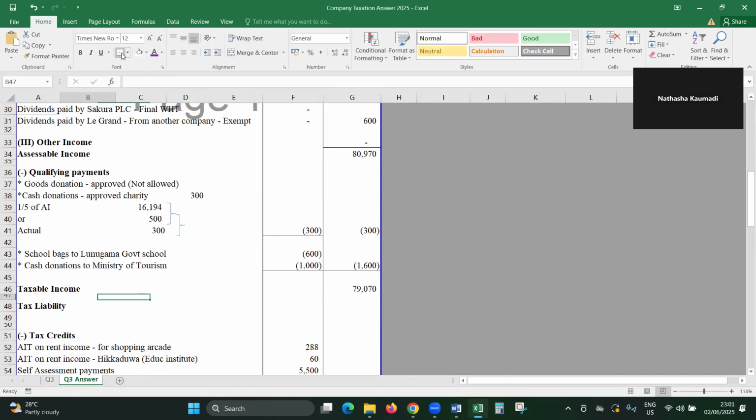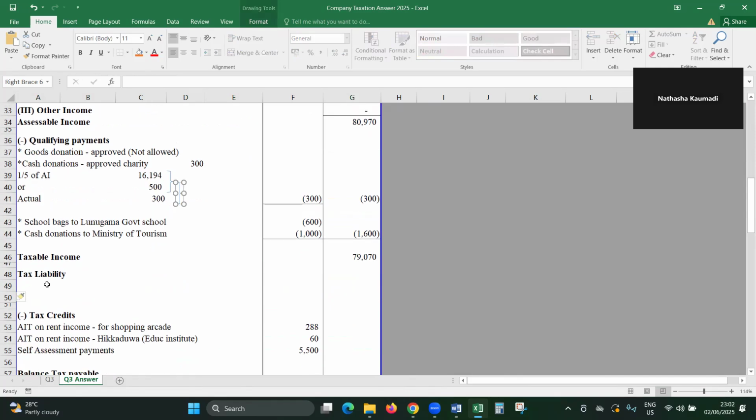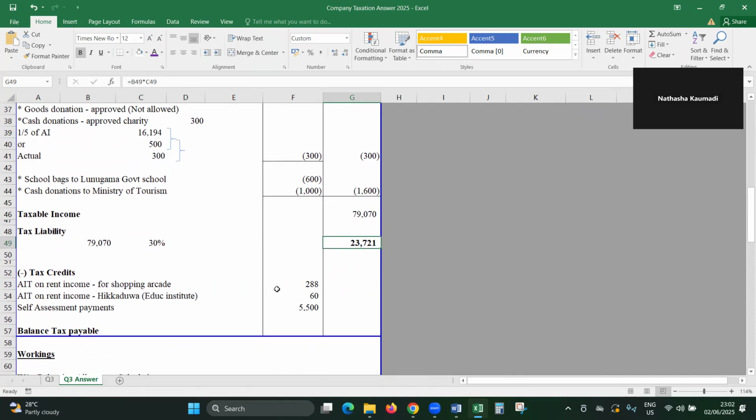How do we calculate the tax liability now? We take the taxable income, 79,070. What is the income tax rate for companies? 30%. So if I multiply 79,070 by 30%, that is 23,721. That is the tax liability that you are liable to pay.